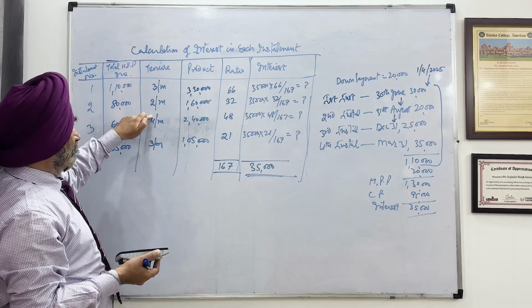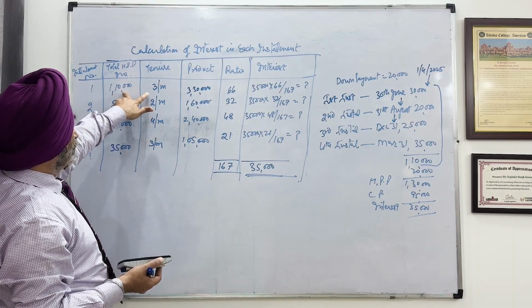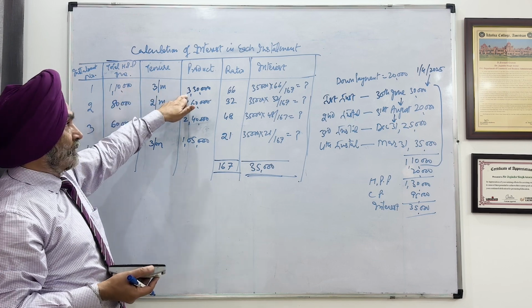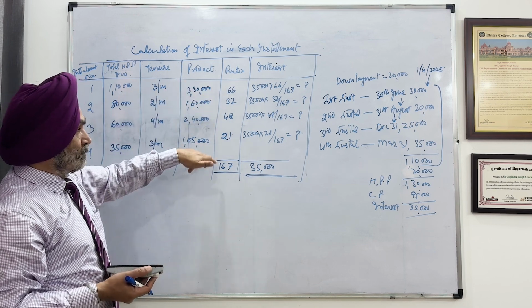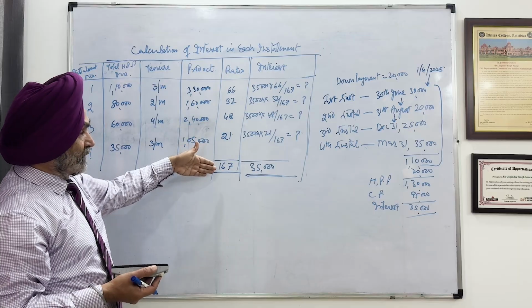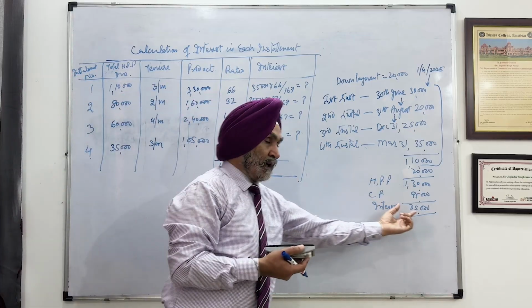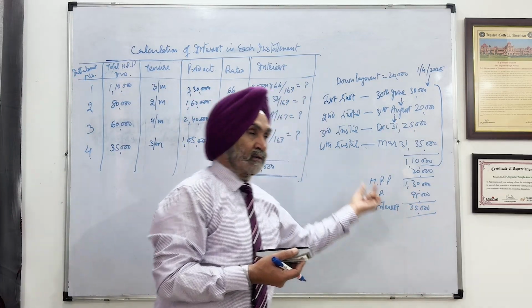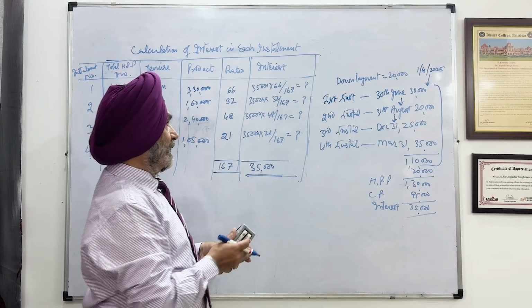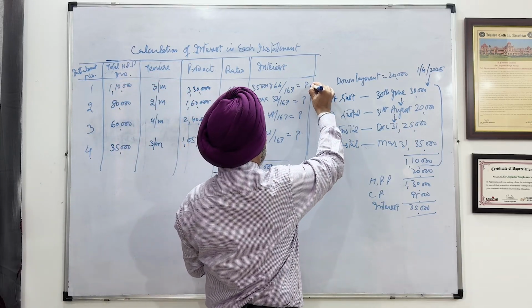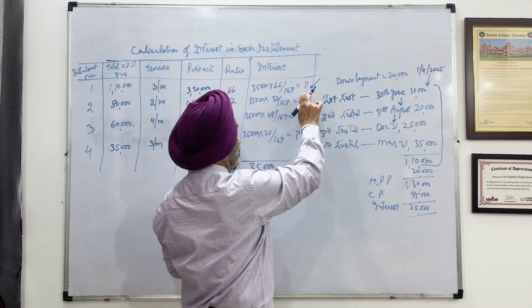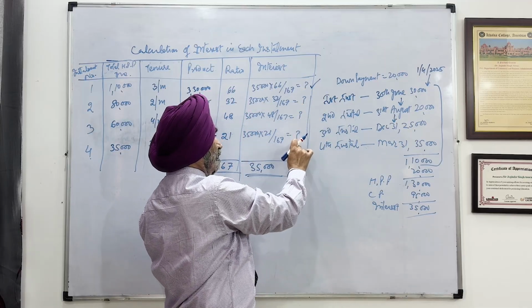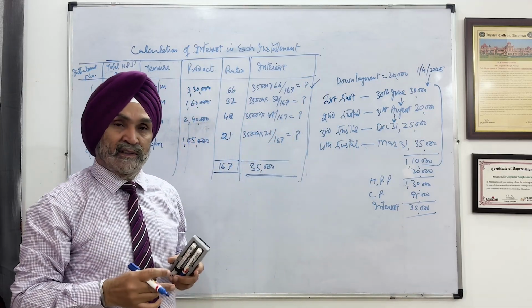We'll take tenure, total hire purchase price into tenure will be product. We'll calculate the ratio of the product. In that ratio, the total amount of interest will be divided, and this will be the interest included in the first installment, second installment, third installment, and fourth installment.